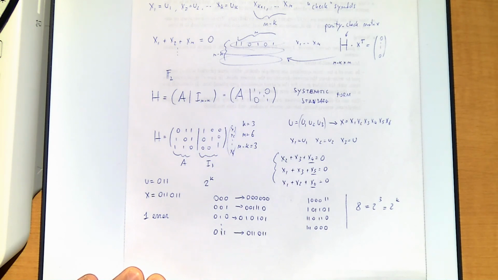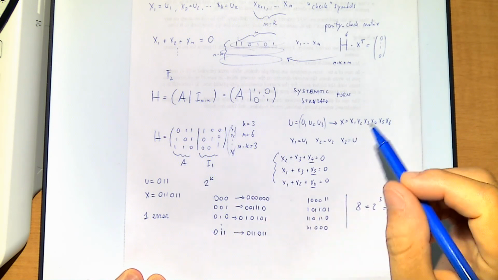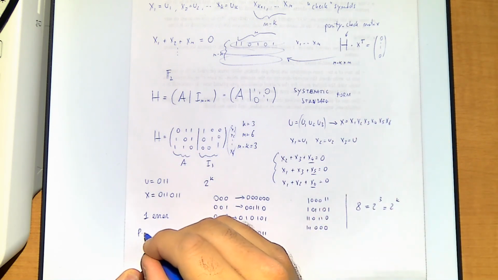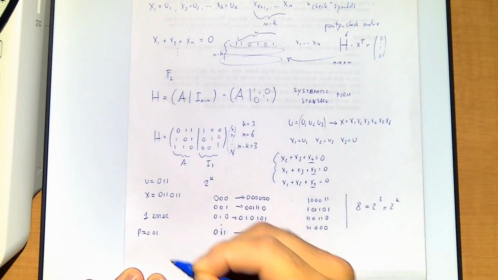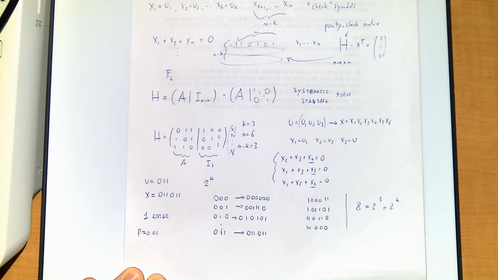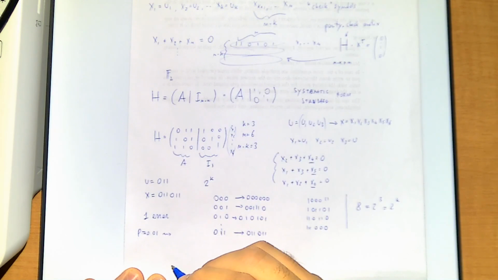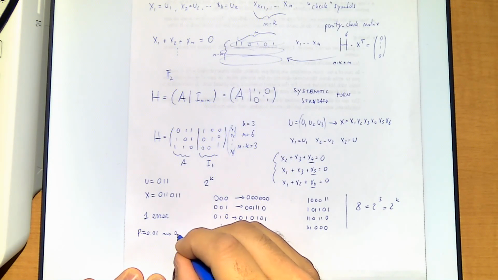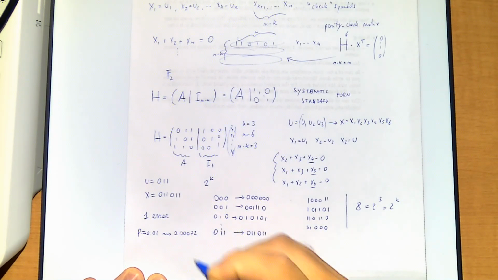But already using this code reduces the error probability by a lot. Remember we said that p was 1 over 100, so like 0.01. Then using this code already reduces the probability of getting an incorrect code word to something like 0.00072. Okay.